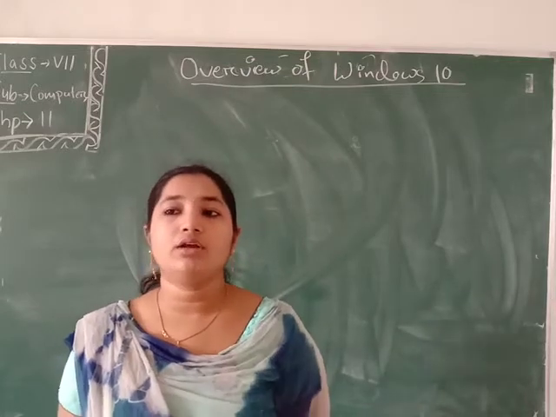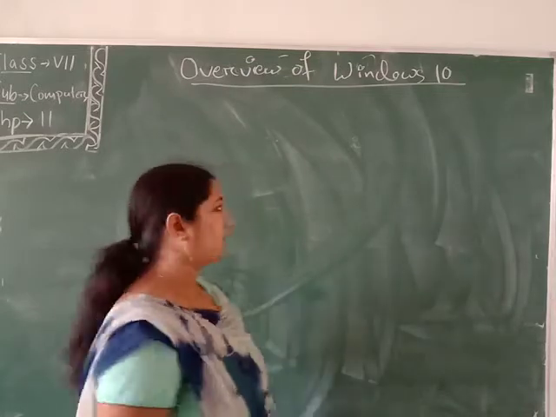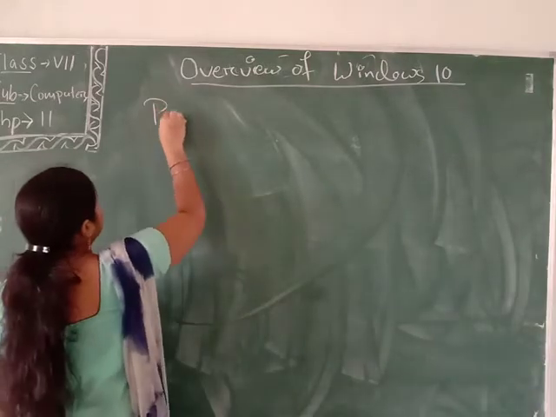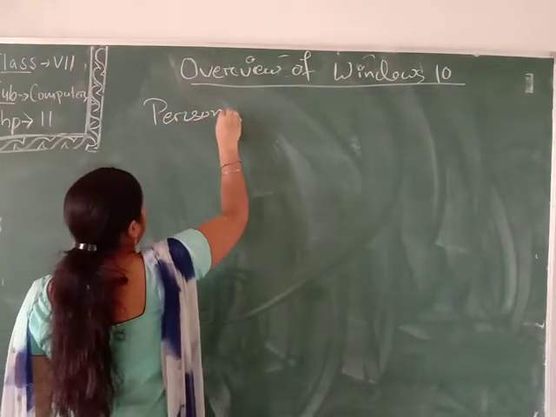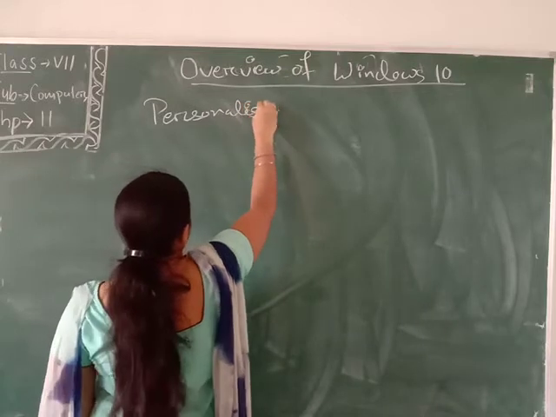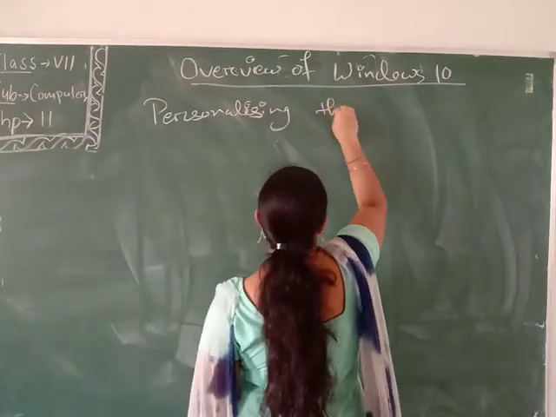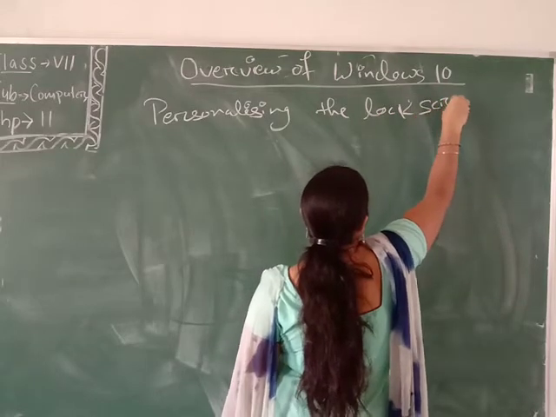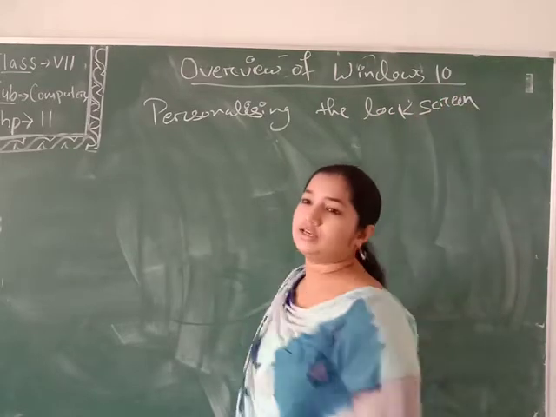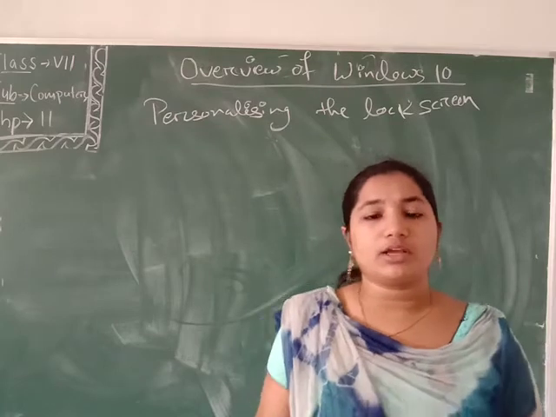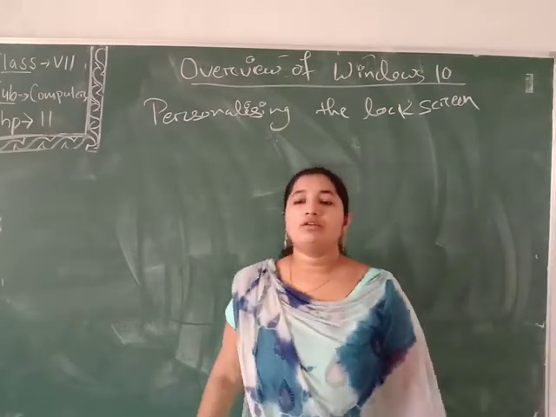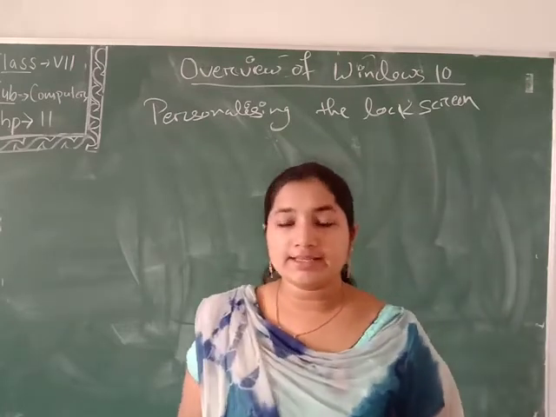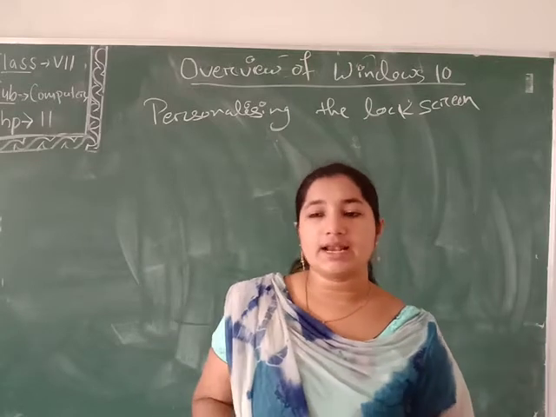When we click on the start menu, we can see the full screen. Now we will learn about personalizing the lock screen. How can we personalize the lock screen? For that, first click on the start button, then click on settings and click on the personalization button.